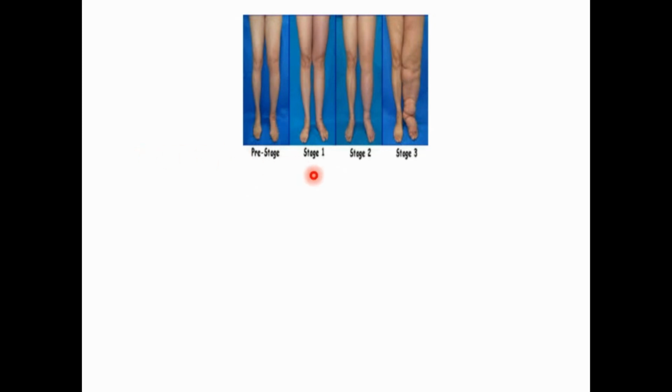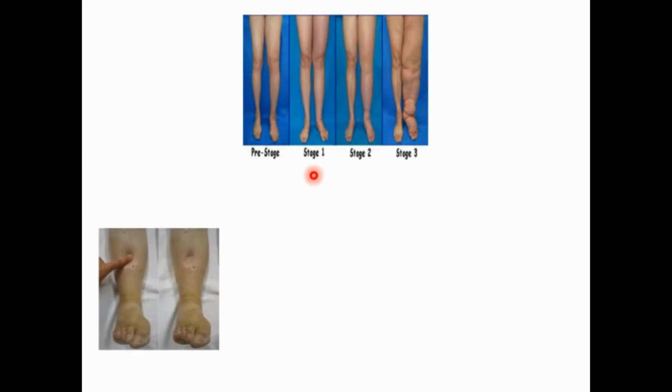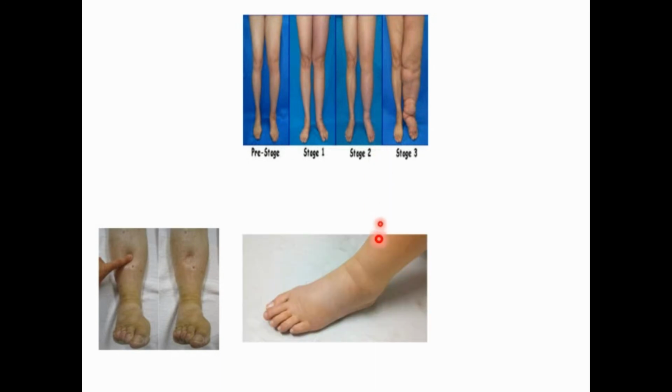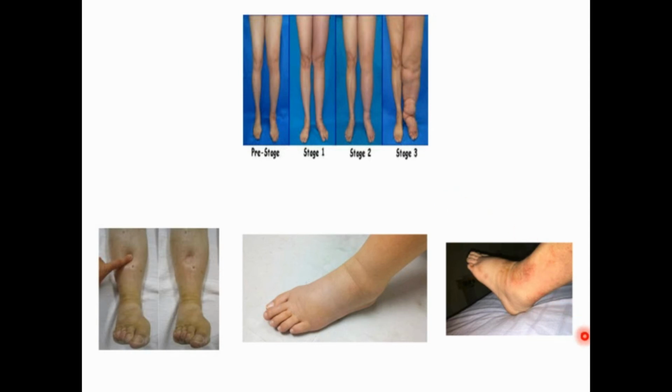Then the first stage, the pit forms on pressure and is relieved on elevation, showing the disease is reversible. In stage 2, the pit does not relieve after applying pressure. In stage 3, irreversible skin changes, ulceration and pigmentation happen.